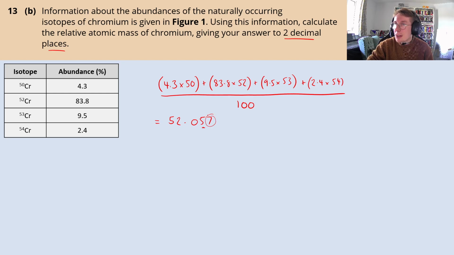This number here, the 7, is above 5, so we need to round up. So therefore, our final answer is 52.06. The 3 marks for this question are available for, once again, doing this calculation here, subbing the numbers in, getting this answer out, and then rounding to 2 decimal places. And that's all there is to it for calculating relative atomic mass. It's just a mean average.